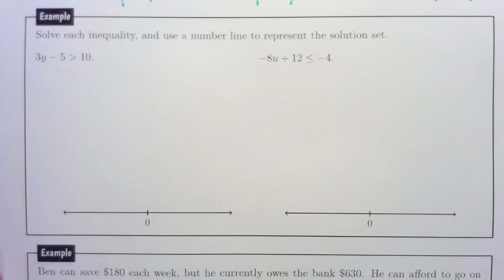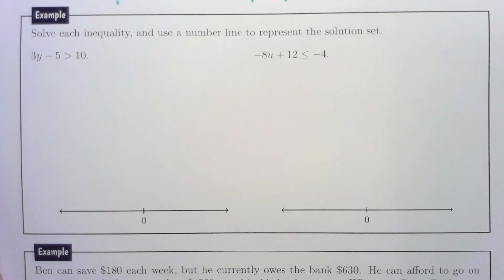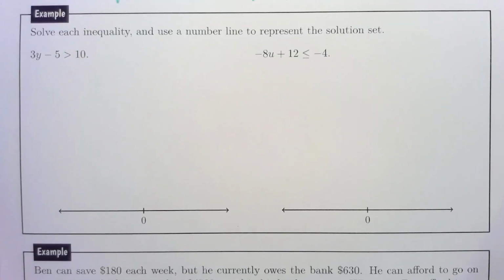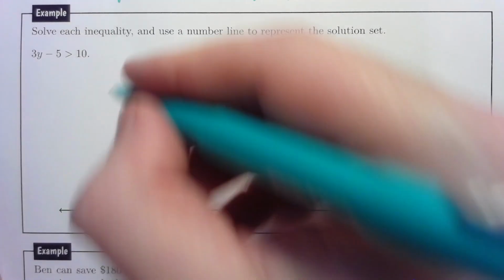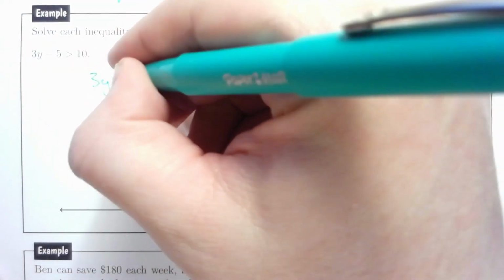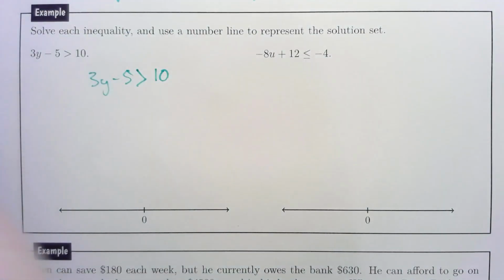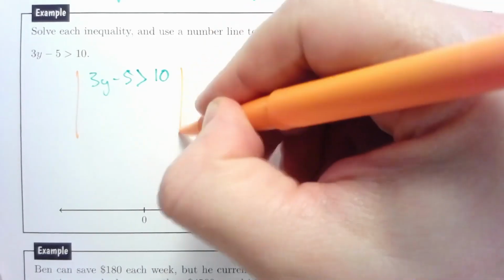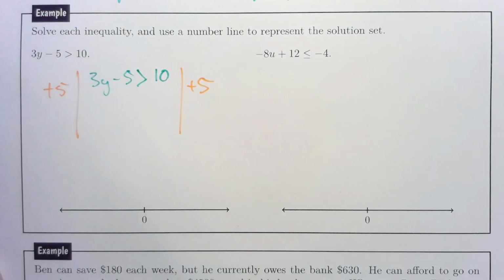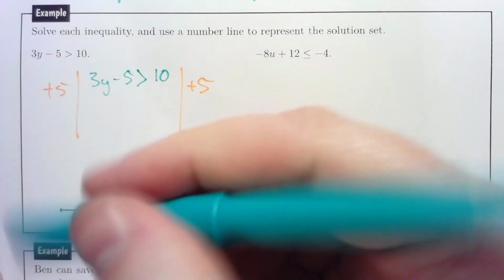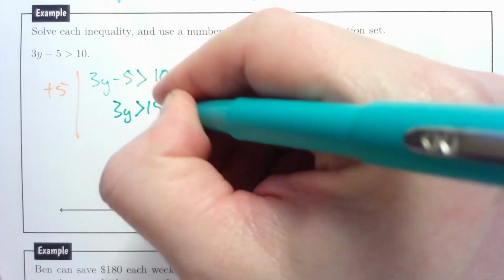So if we have 3y take 5, sorry, that's a little out of focus there. If we have 3y take 5 is greater than 10, the first thing we'll need to do is add 5 to both sides. So if we do that, we'll get 3y is greater than 15.